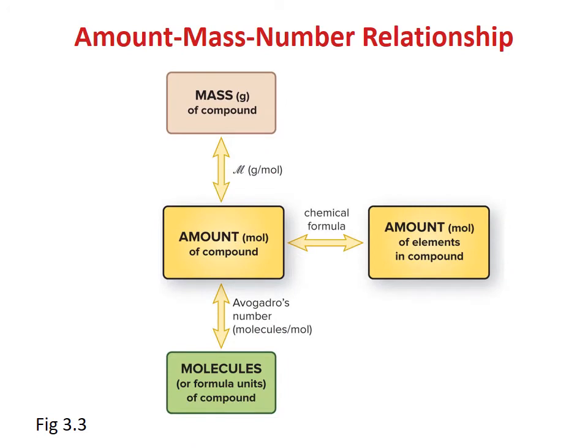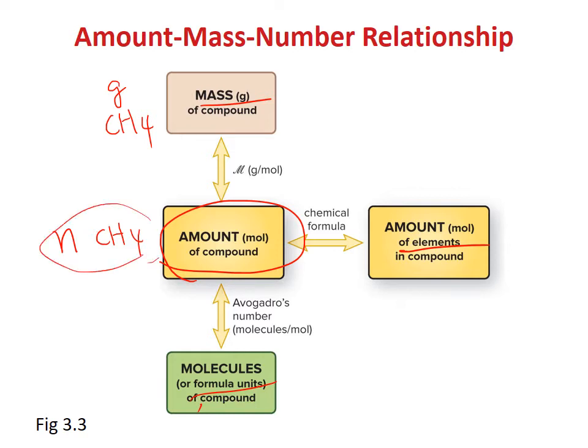As you can see, the number of moles is essential for the conversion between grams, number of molecules, and number of elements. So for example, if we know grams of methane, we can convert to the number of moles of methane first, and then from the number of moles we can find the number of molecules of methane.